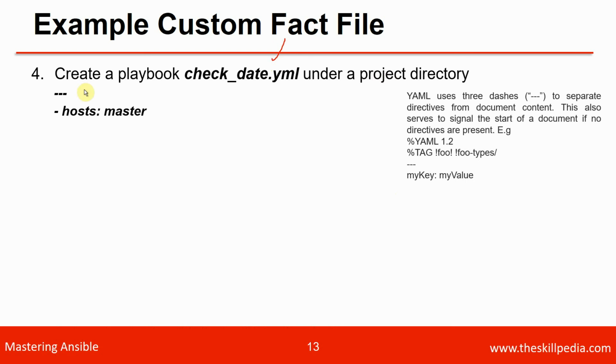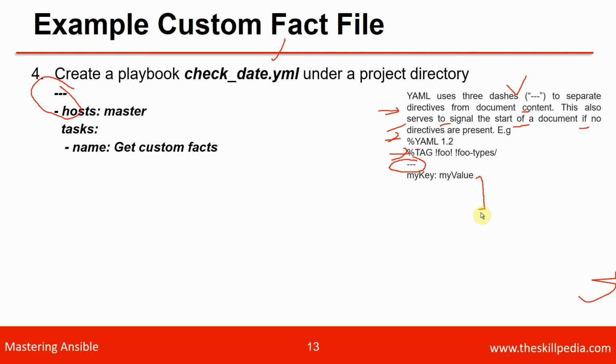Three dashes, as I explained earlier, YAML uses three dashes to separate the directives from the document content. This also serves as a signal of the start of a document if no directives are present. For example, this YAML 1.2 and tag names and so forth. And after that we are starting our document, our Ansible file, the playbook.